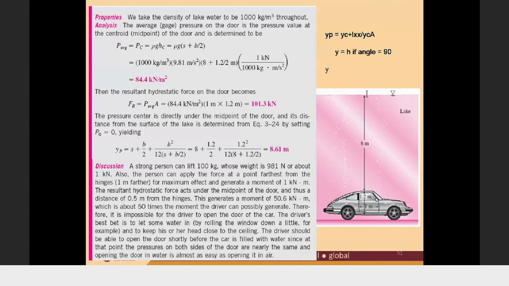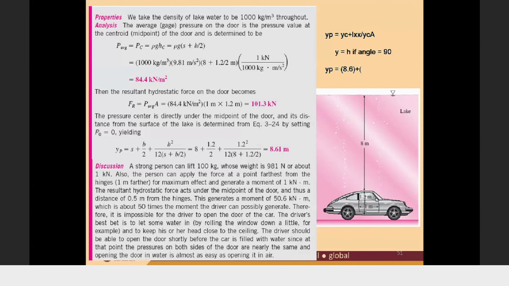Okay, so yp equals, okay, so what is yc? So yc is just 8.6, from here to the centroid. 8 plus 0.6, plus what?